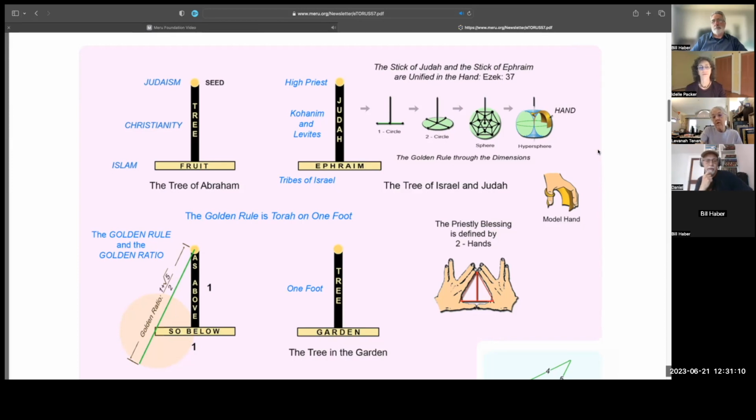Yeah, and also showing, we've discussed this particular sequence before, this golden rule through the dimensions.